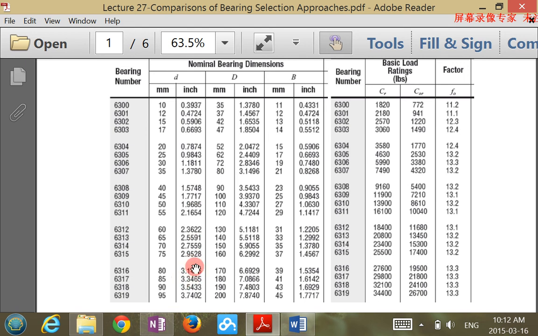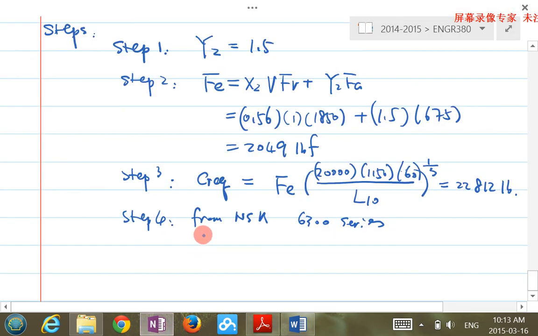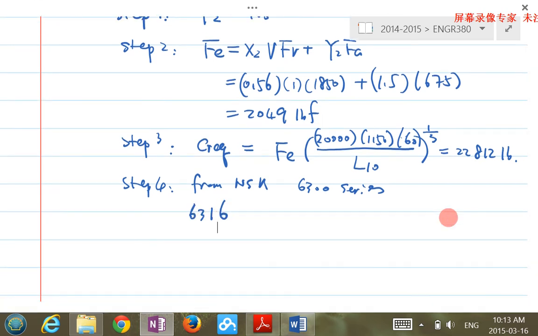The first one that satisfies 3.1 inch is the 6316, which is 6.1415, slightly bigger, so that's fine. You can bump up your shaft to this number. So our first decision is 6316.